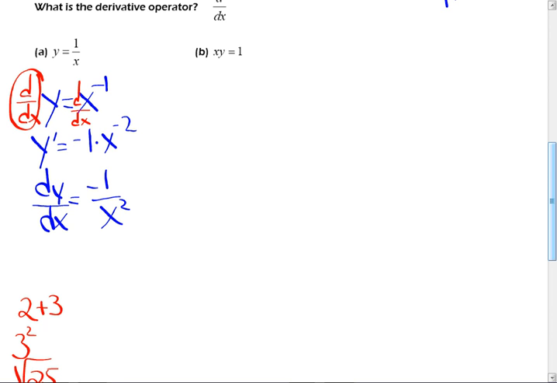This is used as an operator, and this means the derivative. The answers are the same, but I could be doing d/dt, and then it would be dy/dt. The d over dx is called an operator. It's like the plus sign: when I see it with 2 and 3, I know to add them. So when I see this little d/dx, it means let's find the derivative of that, or differentiate. Fancy word.